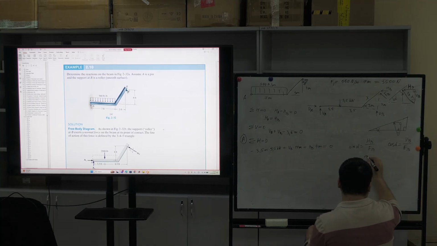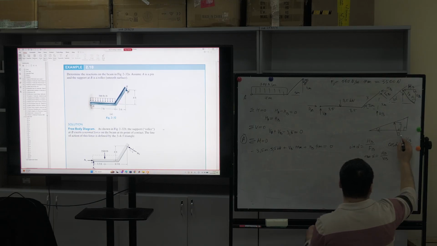And tangent alpha is equal to HB divided by VB. Yes?